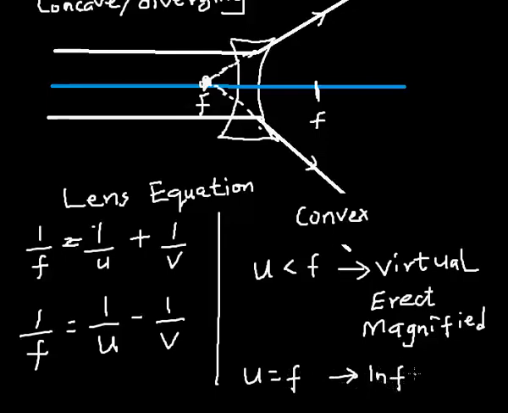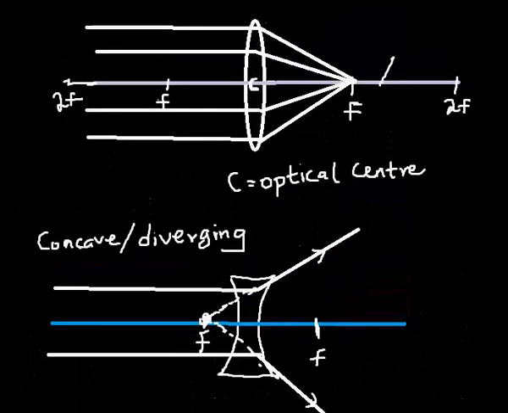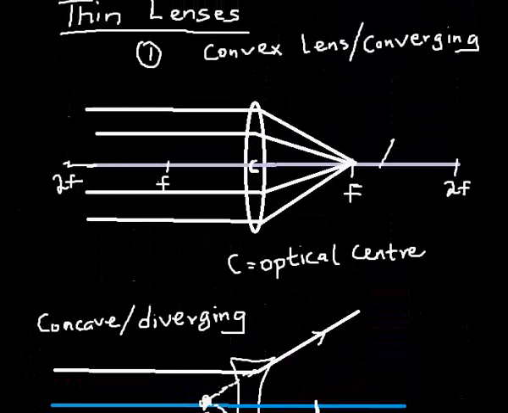So the same properties that we studied when we treated a curved mirror, specifically the concave mirror, are what you get here. I might want to study them one after the other, but I'm interested in solving questions based on the lens formula.